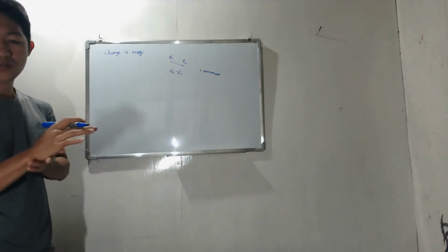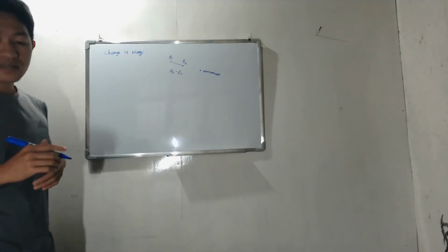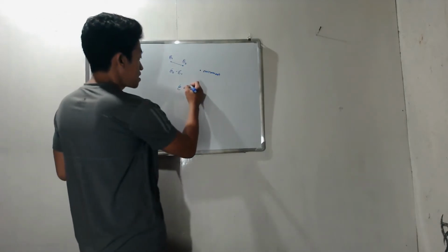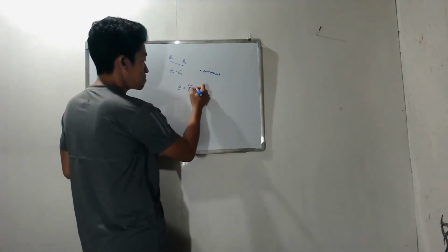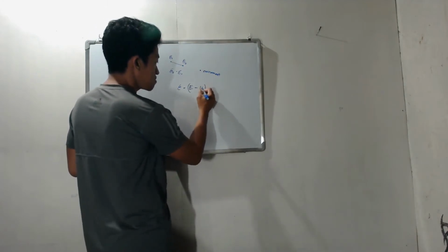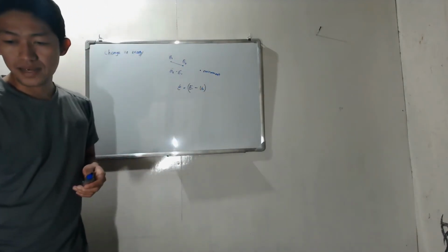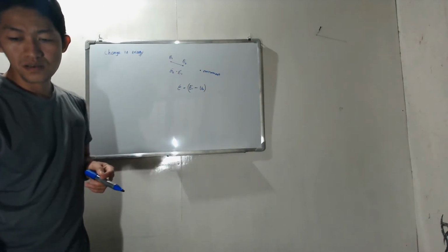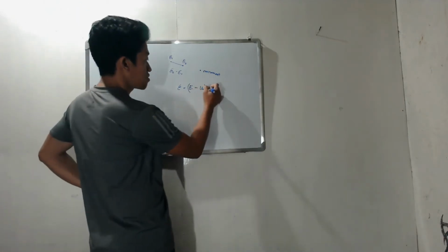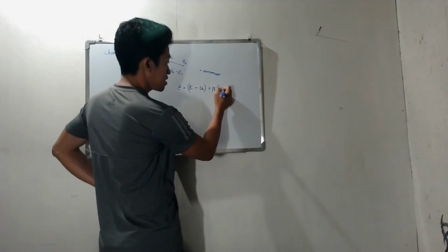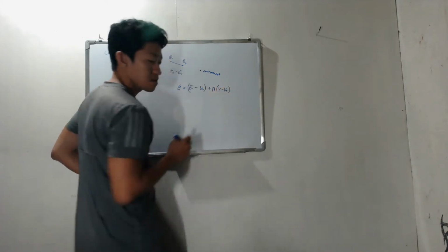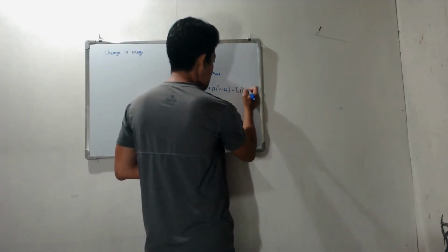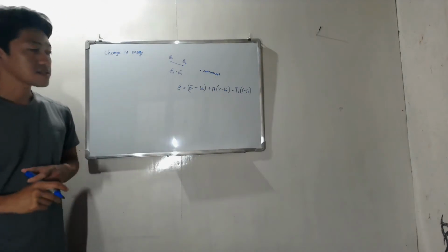In order to get this, recall that exergy is just the energy of the system minus U sub O, plus P sub O times V minus V sub O, minus T sub O times S minus S sub O. This is the exergy of your system.